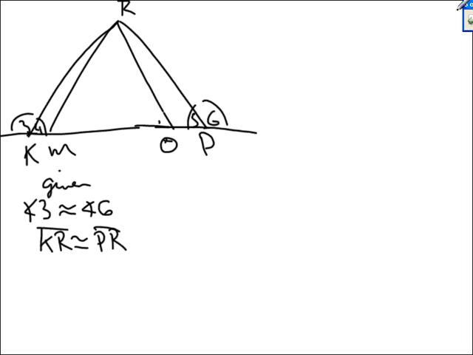And angle KRO is also congruent to PRO. Actually, that should be M, of course. KRM, PRO. Okay. Now, first thing I want to do, I want to draw this a little bit bigger.